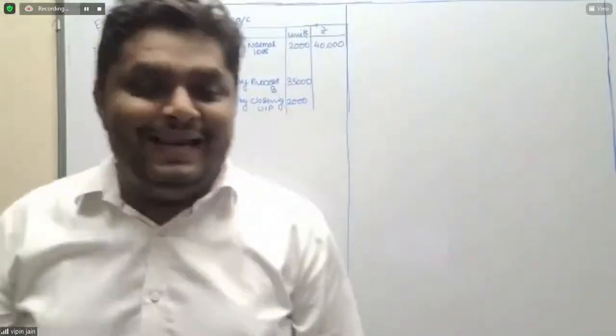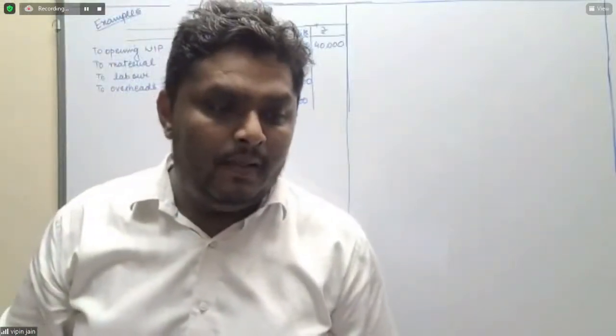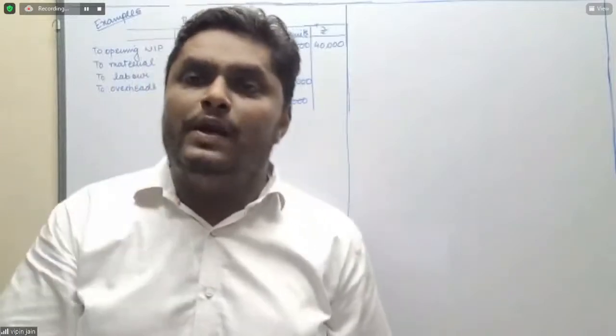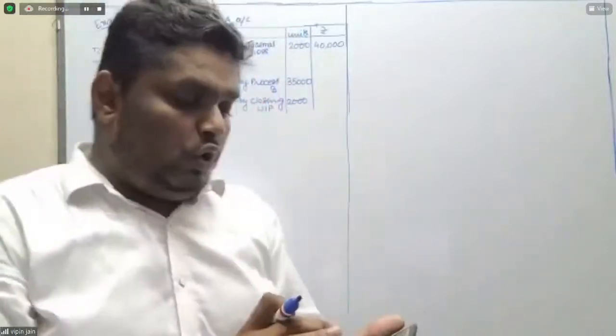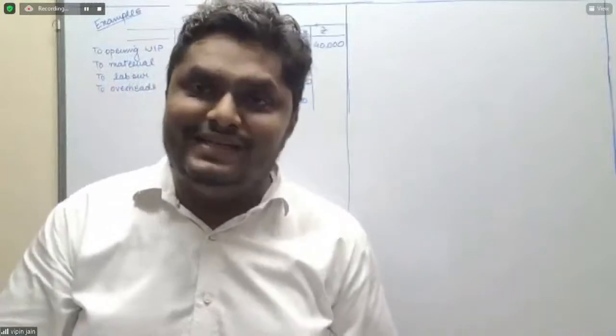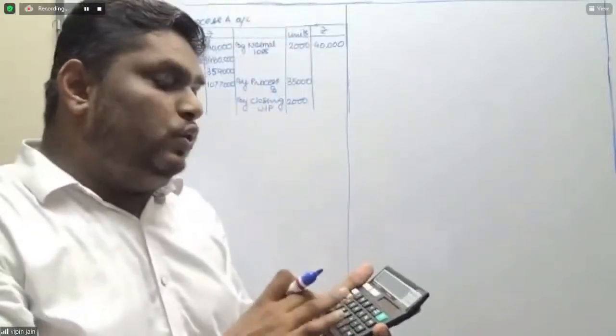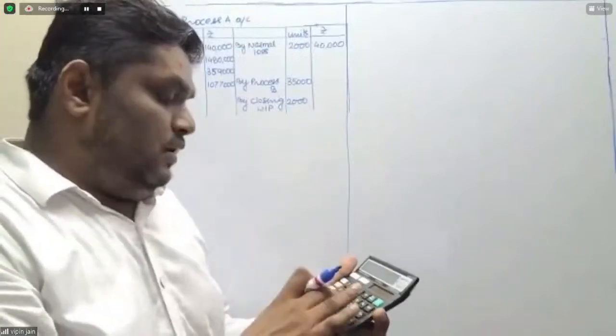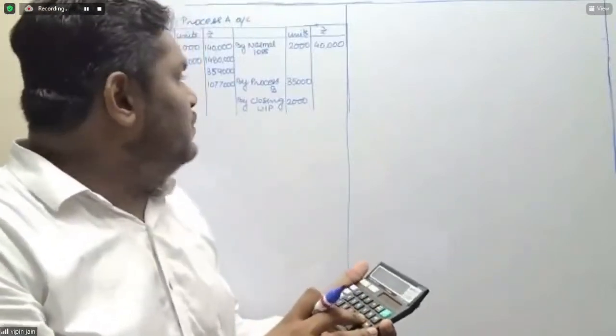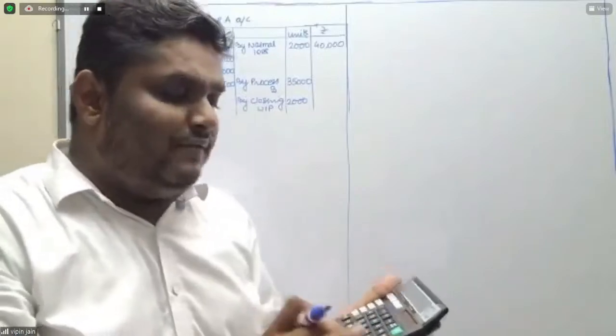Now guys, let's check if there is any abnormal loss or abnormal gain. So total inputs were 2,000 plus 38,000, that is 40,000. Out of 40,000, 2,000 was the normal loss, 35,000 are the number of units transferred, and 2,000 is closing work in progress.